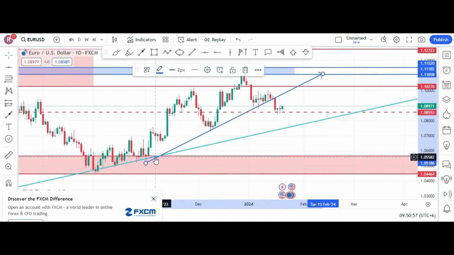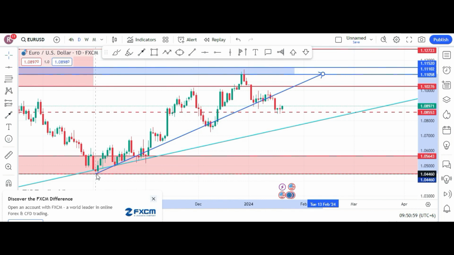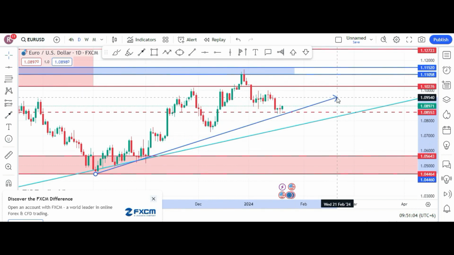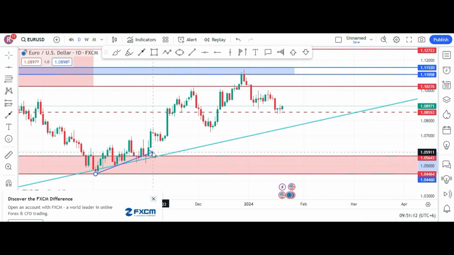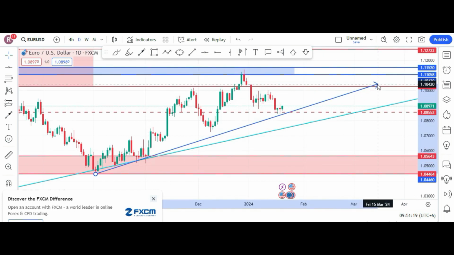Some people can draw this line from here and here and here. So it's up to you, considering this area. Okay guys, one red and one green at least.